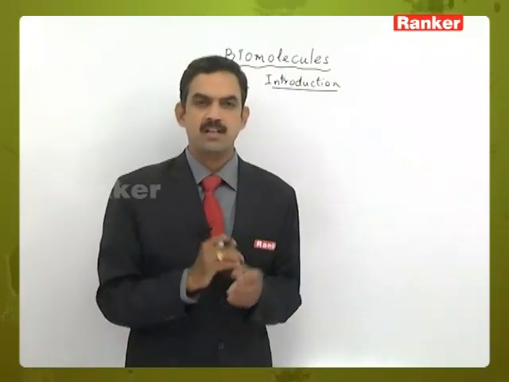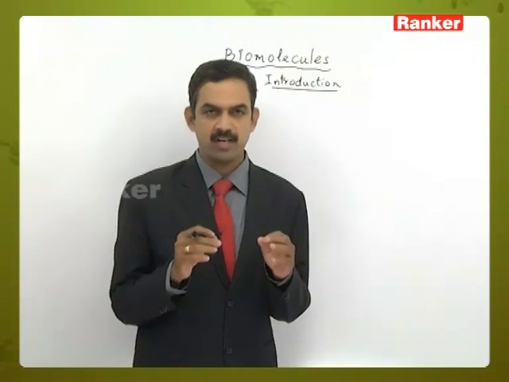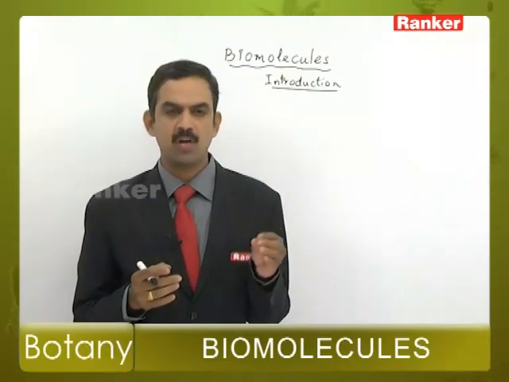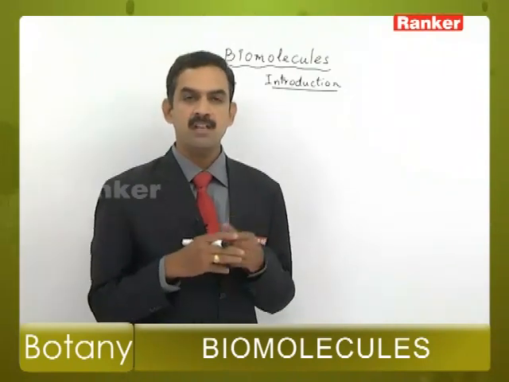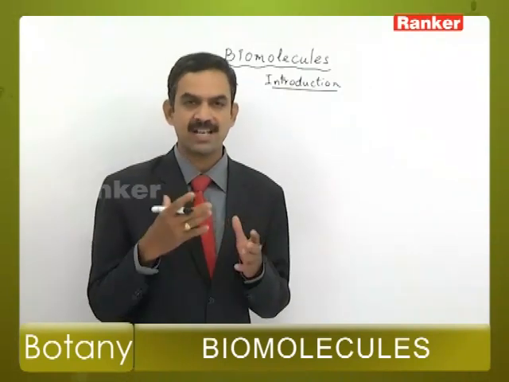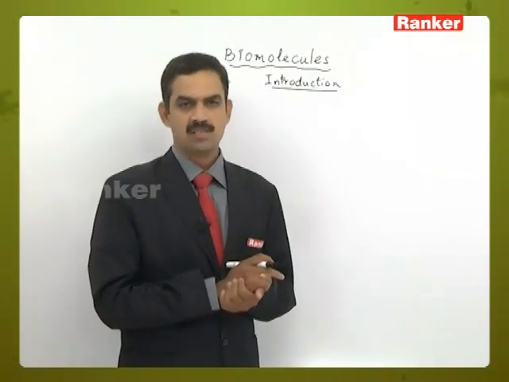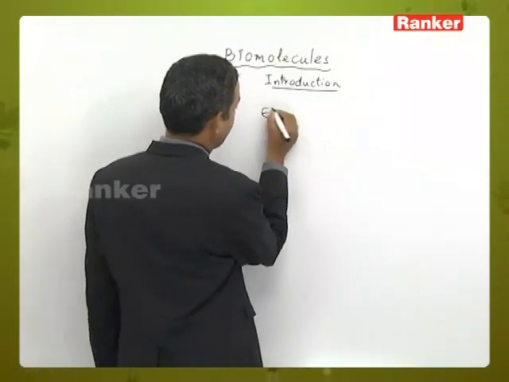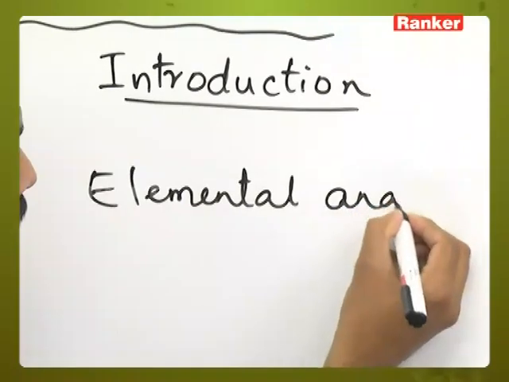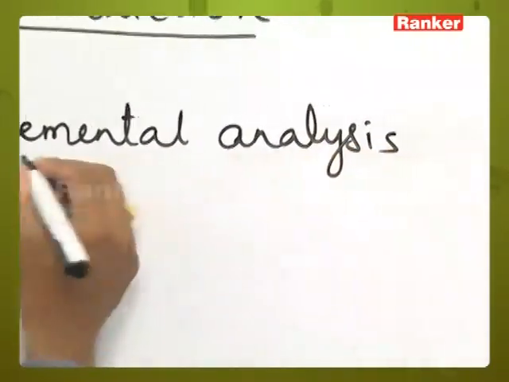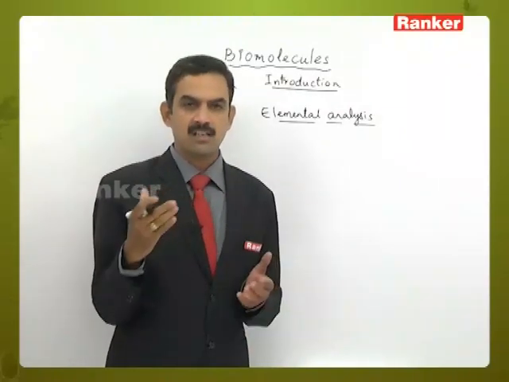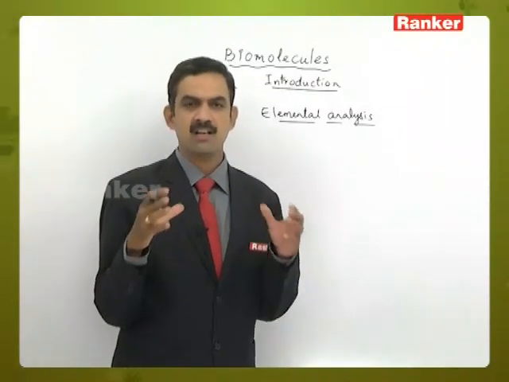If we take a living system or any living organism or cell of any living organism, be it a plant, an animal or a microorganism, and we want to know what elements are present in a cell, that has to be done by elemental analysis. In this elemental analysis, we are going to know what elements are present in a cell.